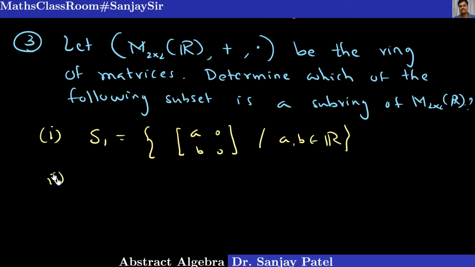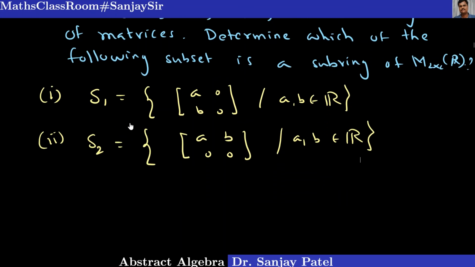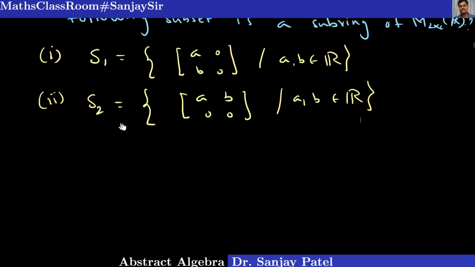Number 2, S2 is equal to, say let me take [A, B; 0, 0], A and B belong to R. Okay, these examples are very important. So I am just writing all these statements.